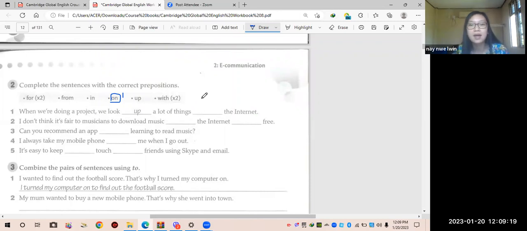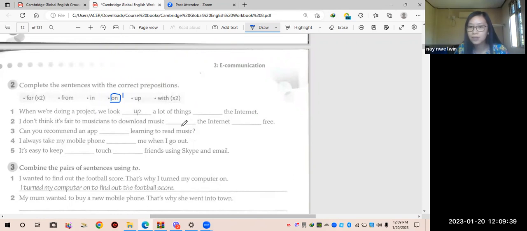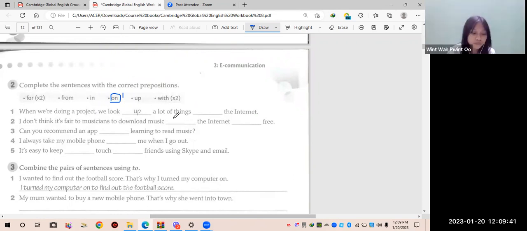It's on the internet. And for 2, I don't think it is fair to musicians to download music, blank the internet, blank free. How about this one? With the internet. With? From the internet.